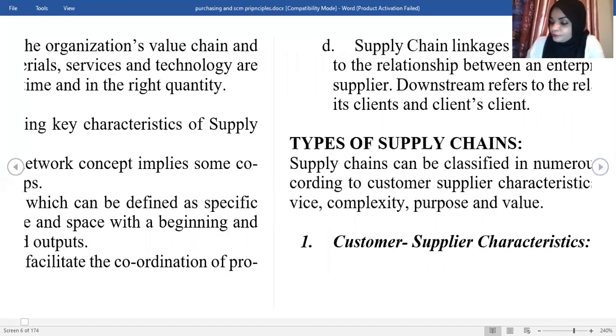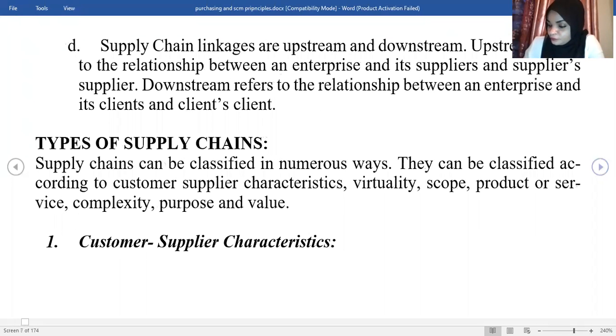Then the other characteristic is that supply chains are upstream and downstream. When we talk about upstream, it starts with the manufacturing and goes backwards to the supplier. Downstream goes the other way. So we are having an organization here, let's say a manufacturing organization.